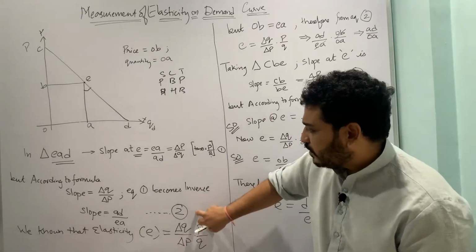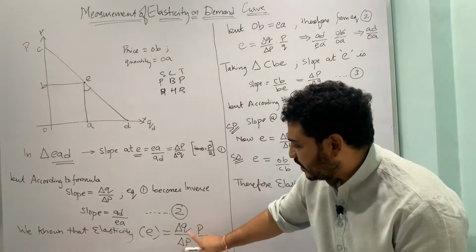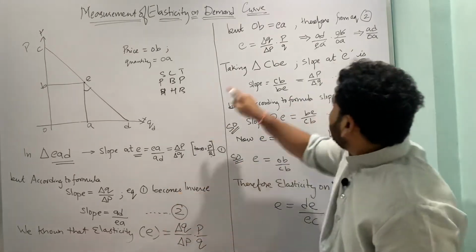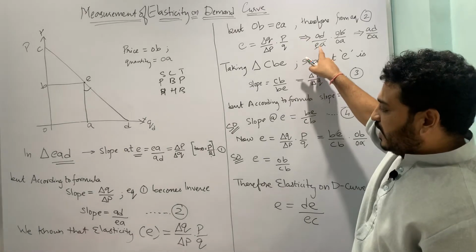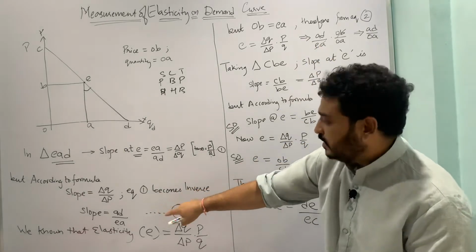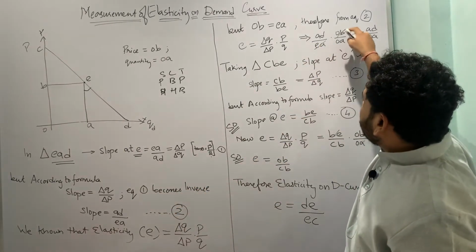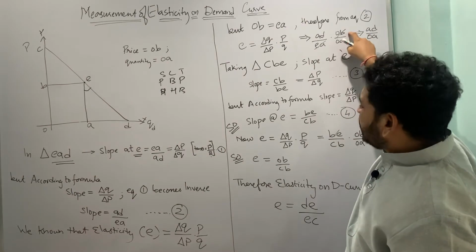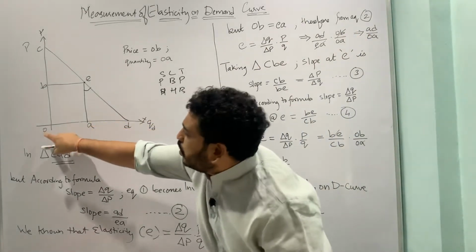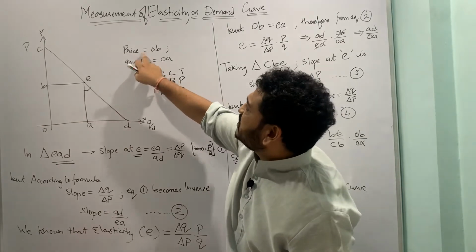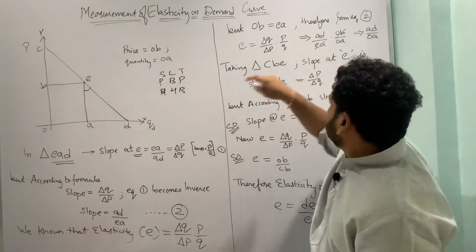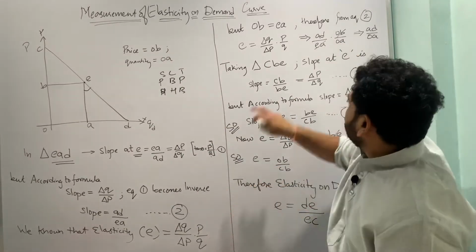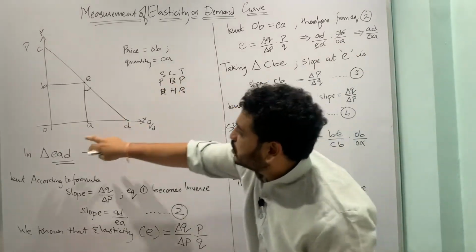From equation 2, I am borrowing the values for delta Q divided by delta P, which is AD divided by EA, and what is the corresponding price? The price is given by OB, divided by the quantity Q, which is given by distance OA.